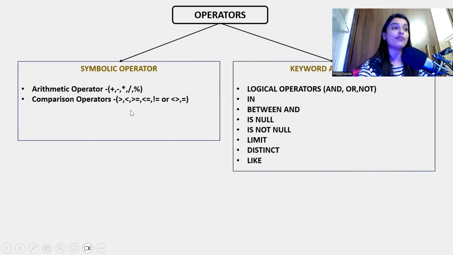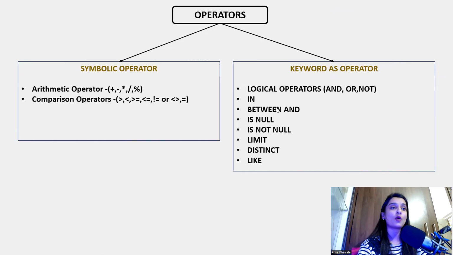So if you check the first part, we have all the symbols: plus, minus, multiplication, division, modulus operator. So whenever we are using symbols to perform certain operations, that is what we call a symbolic operator. Next, we have keywords as an operator. So in keywords as an operator, we have all the keywords, like AND is a keyword.